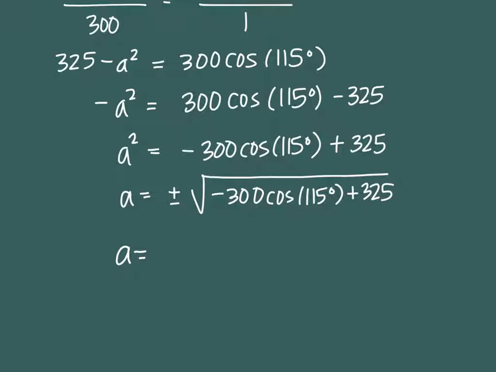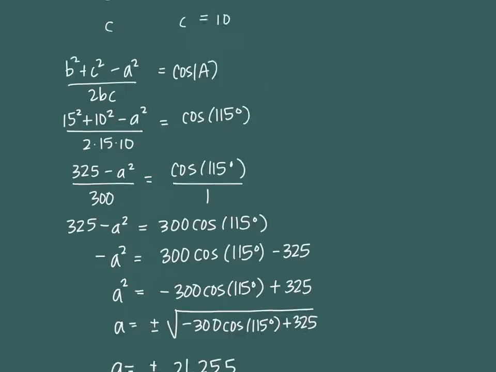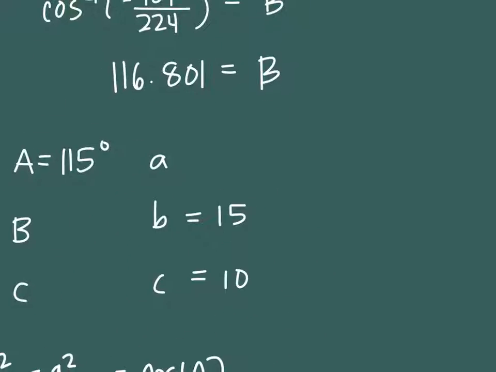And so you're going to get plus or minus 21,255. Now there will probably be an instruction that says all your sides have to be positive, so we're only going to list the positive 21,255.